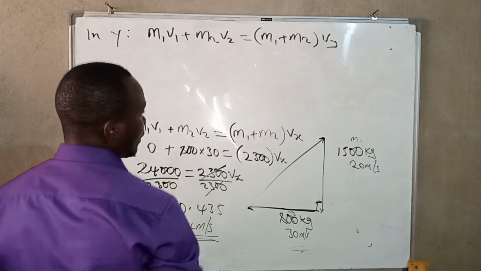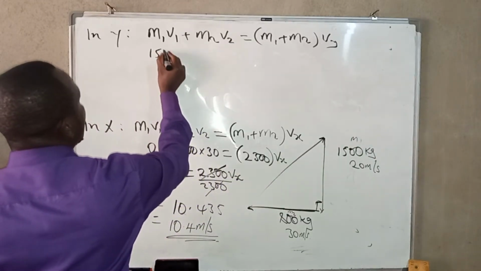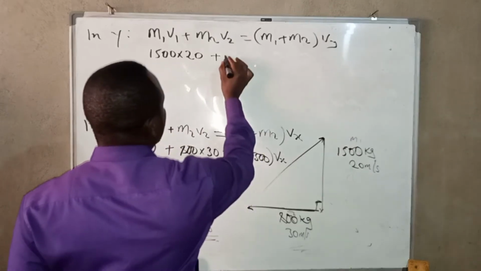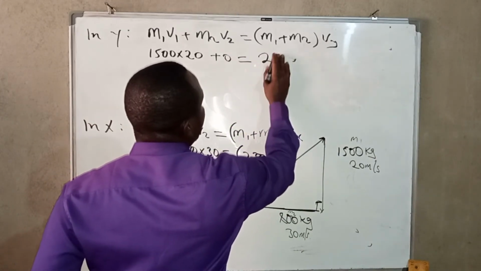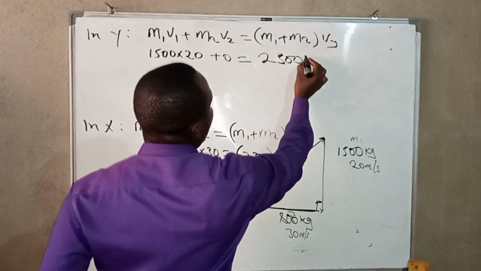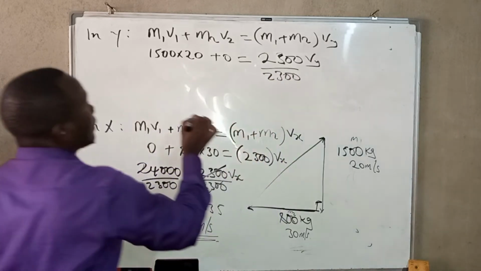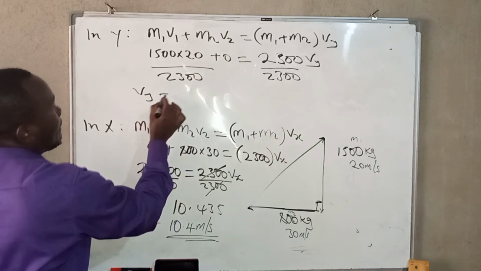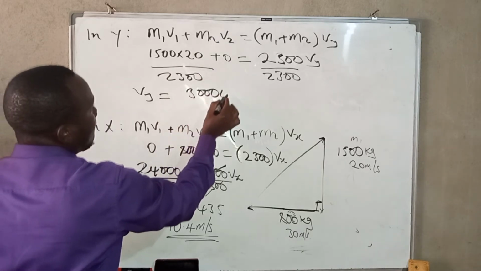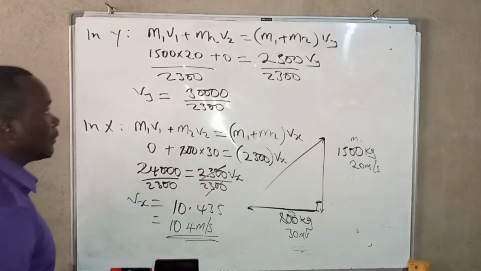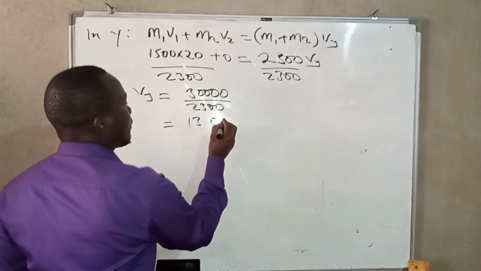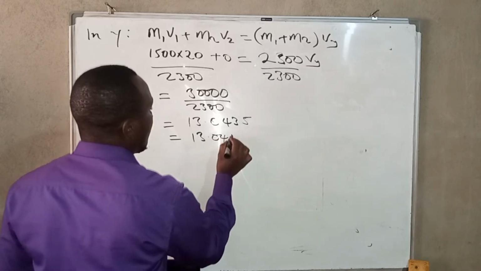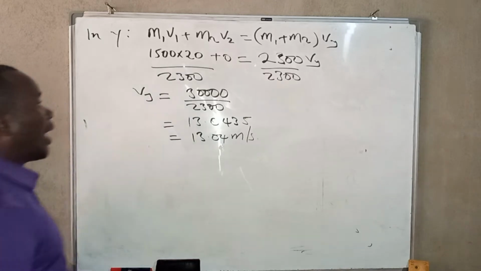Here in y, for m1 we have 1,500 times 20 plus, for m2 in y it is 0, which will give us 2,300 as the total mass times Vy. We divide by 2,300, so Vy is equal to 30,000 over 2,300, which gives us 13.0435, which is simply 13.04 meters per second.